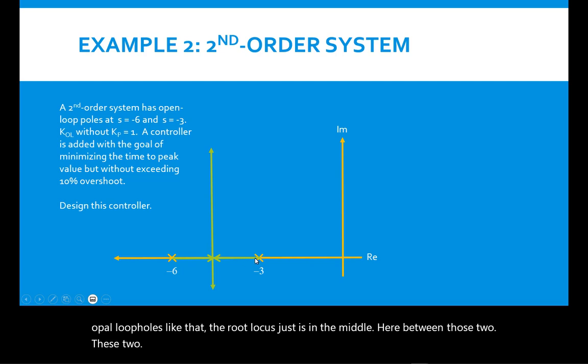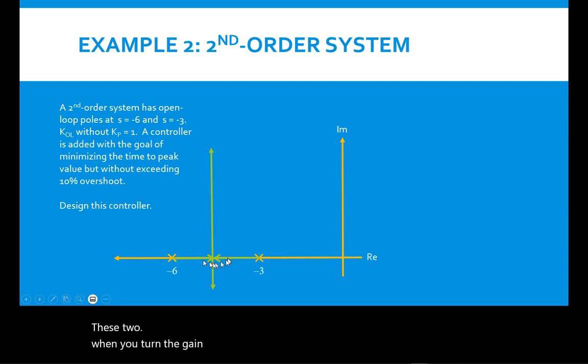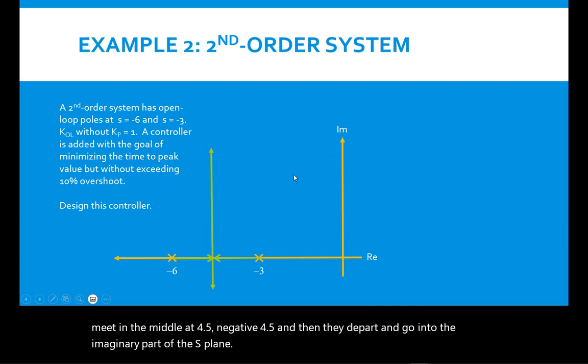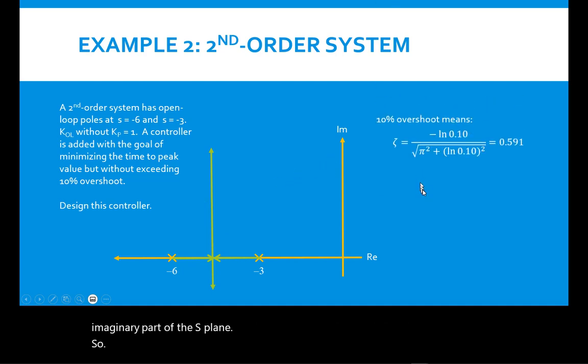When you turn the gain up, this pole moves this way, this pole moves this way, they meet in the middle at negative 4.5, and then they depart and go into the imaginary part of the S-plane. So, let's see what we need to do. We have a criterion that we cannot exceed 10% overshoot. Now, the other criterion is we want to minimize the peak time.